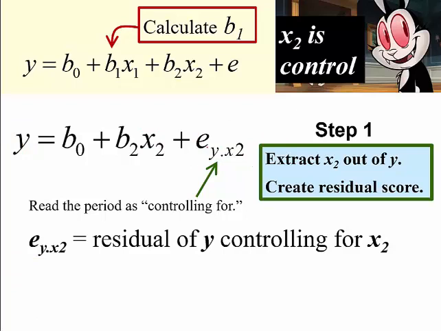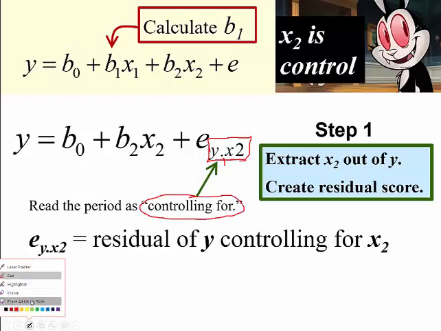Now, I want to put some subscripts down below my error here, and these will be important to clarify exactly what's going on. So pay attention to these subscripts. I have the subscript here, error, y, period, x2, and read the period as controlling for.